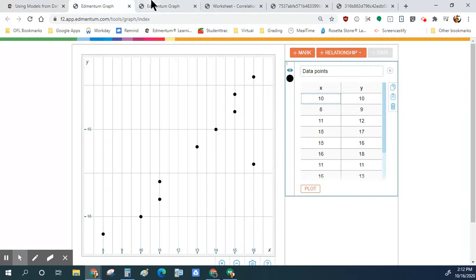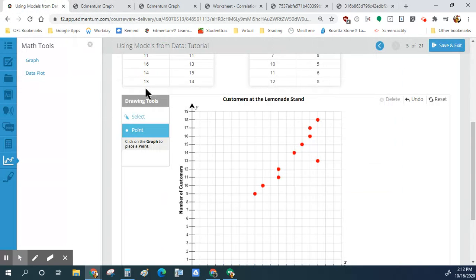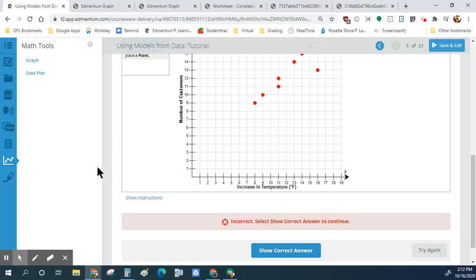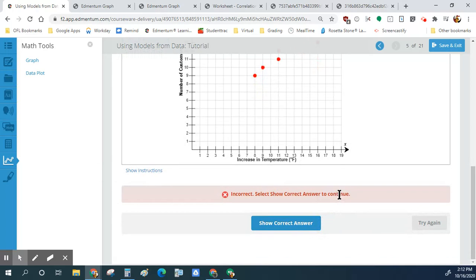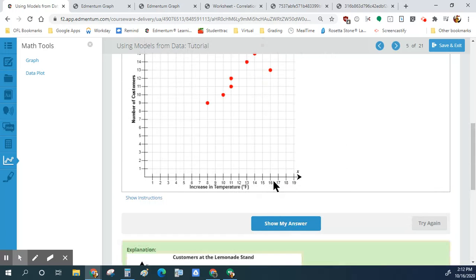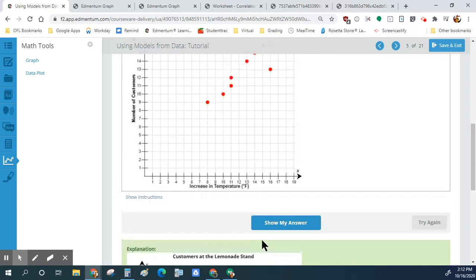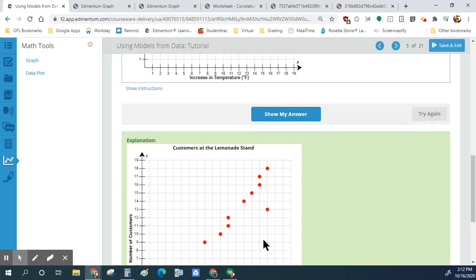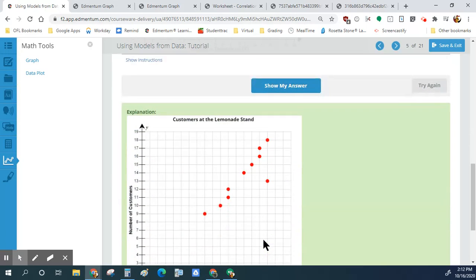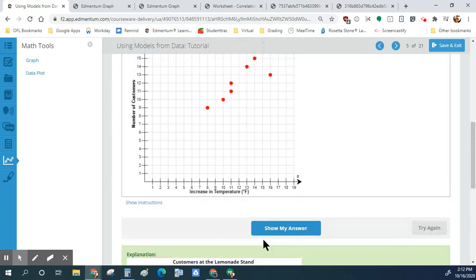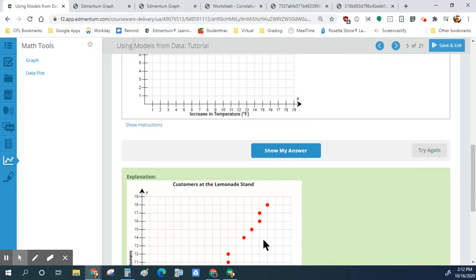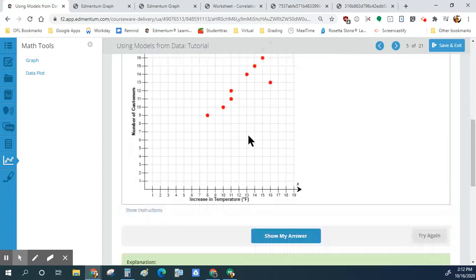Let's look at the graph. They look pretty similar to me. Select, show correct answer, and continue. Not sure why it's saying it's wrong.